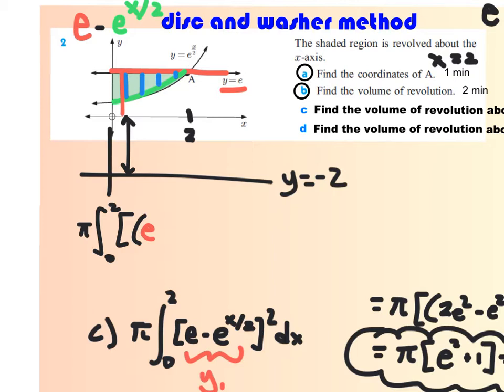I'm really subtracting that -2 and then squaring it, but in essence, I'm adding 2 to that. And then for my lower function, e to the x over 2, I'm subtracting -2 from that as well, right?